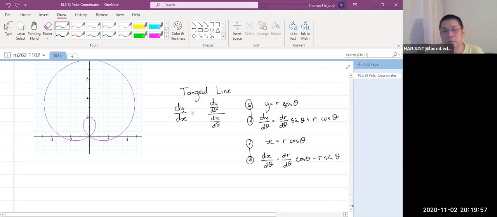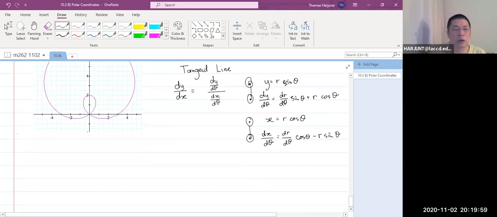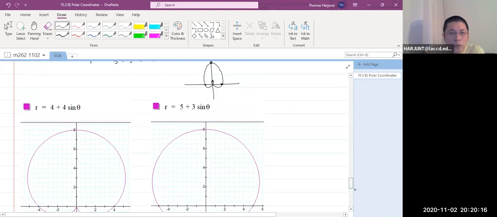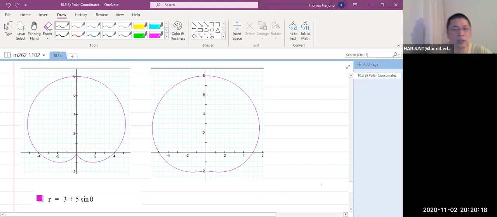Okay, so with that said, let's take a deeper look into this. For example, let r equals 4 plus 4 sine theta. Now we have known that the graph looks like this. This is what the graph looks like.